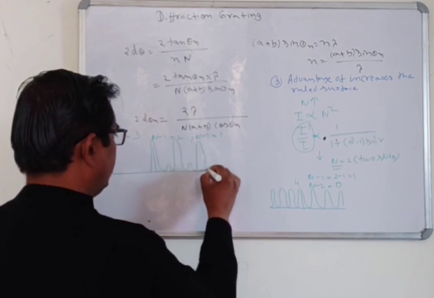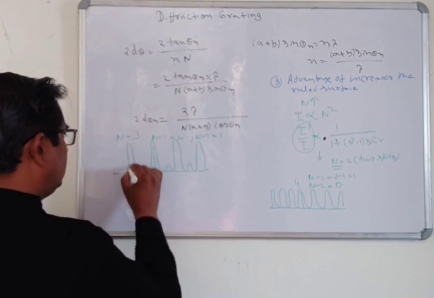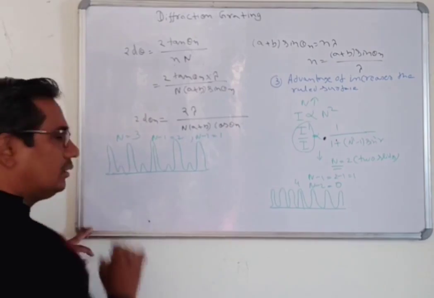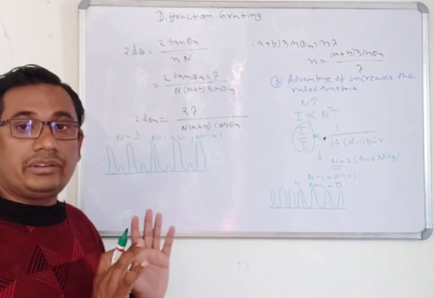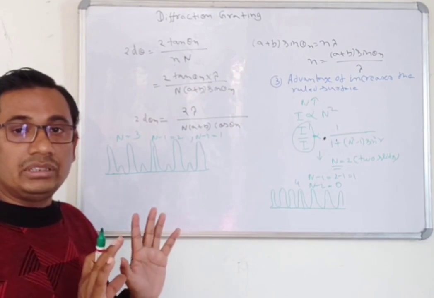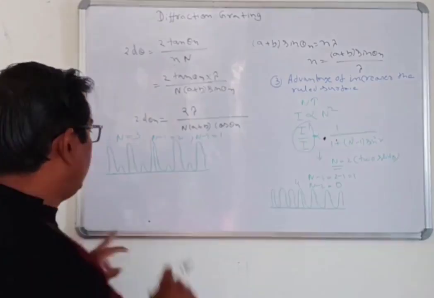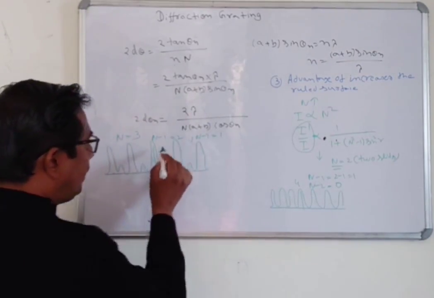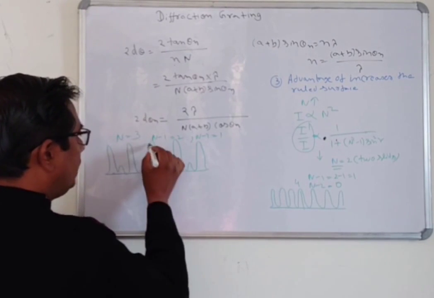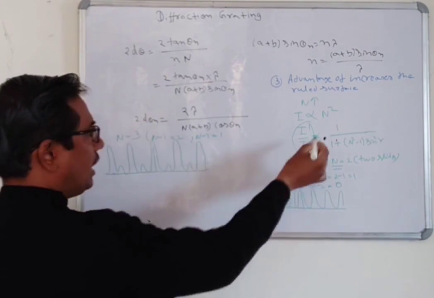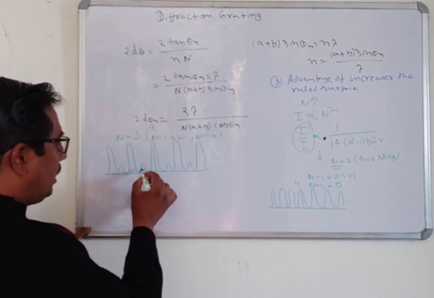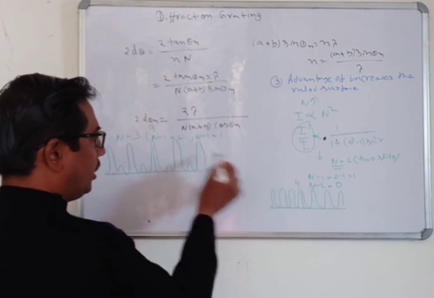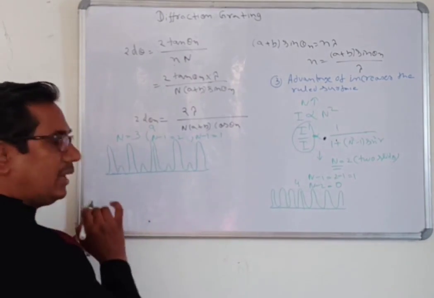Here I plot only the interference pattern, not diffraction. You can see that the intensity of the principal maxima, N square, is 9. The intensity increases, and as compared to the previous one, the secondary maximum will appear here.